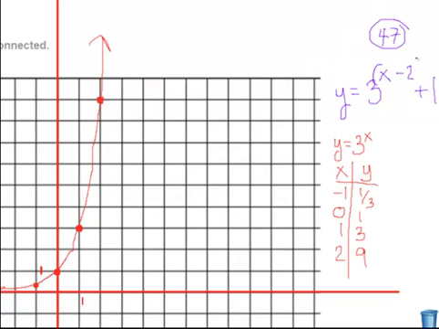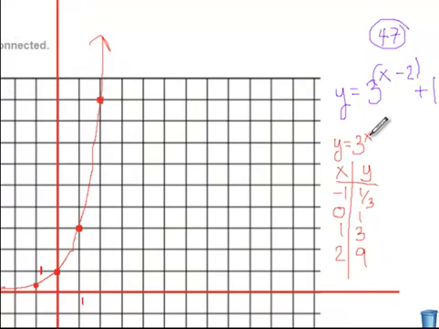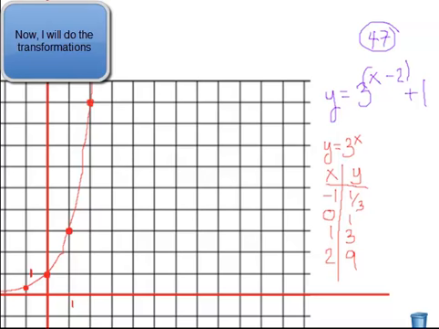Alright, another example. Now 47 actually does ask you to graph these. When you're looking at this overall function, this is the most basic: you see this 3 to what is our variable? Well, it's x. So this is our most basic exponential with one singular value to a variable x. I'm going to go ahead in blue and do this as -2.